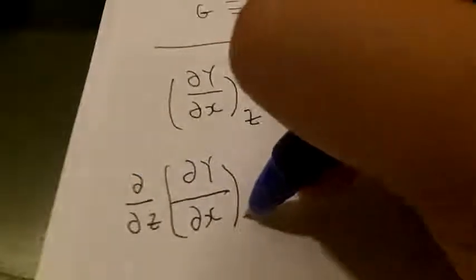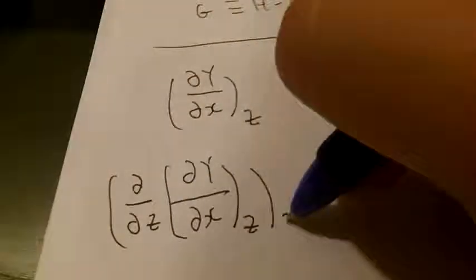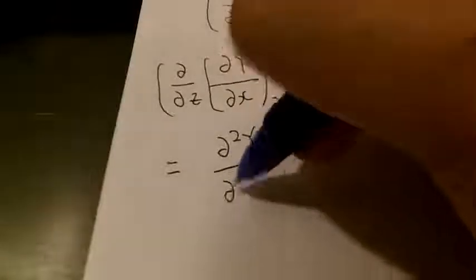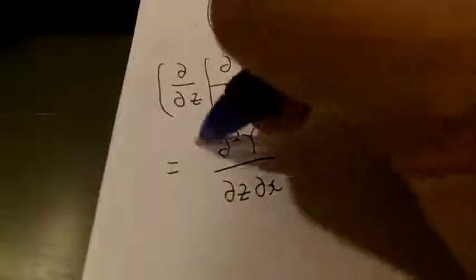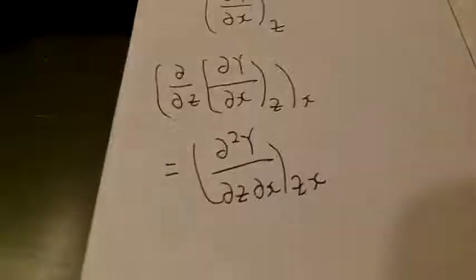Let's just differentiate this, and this is actually just equal to del 2y del z del x.